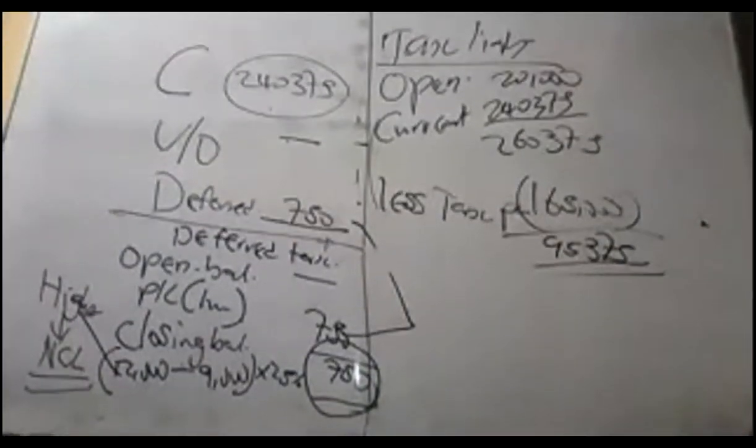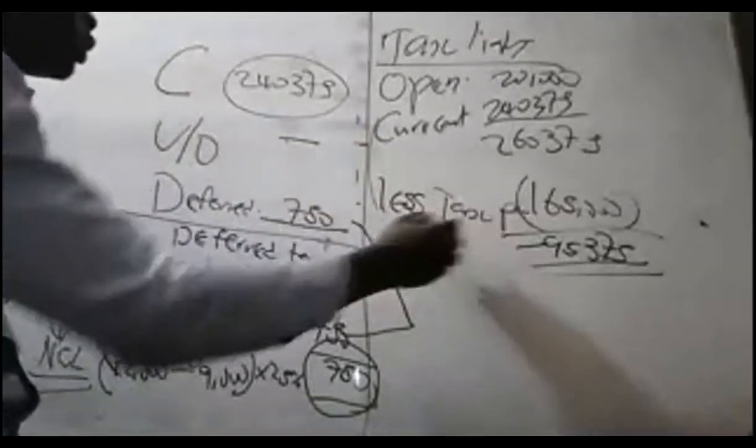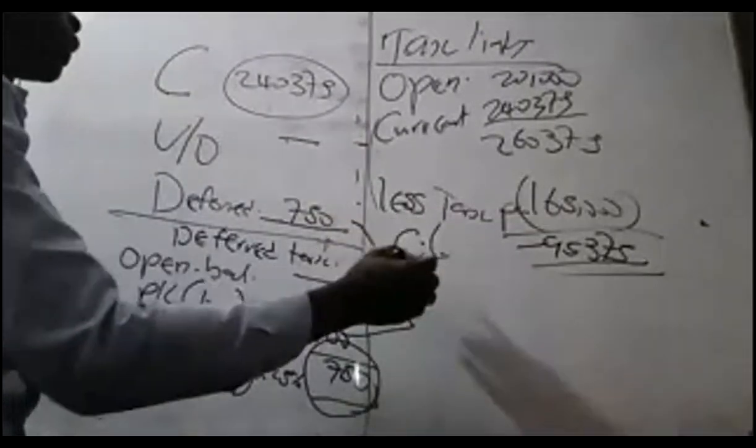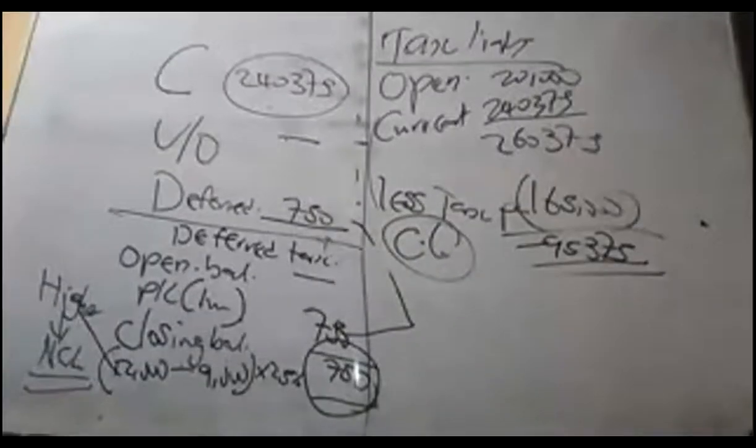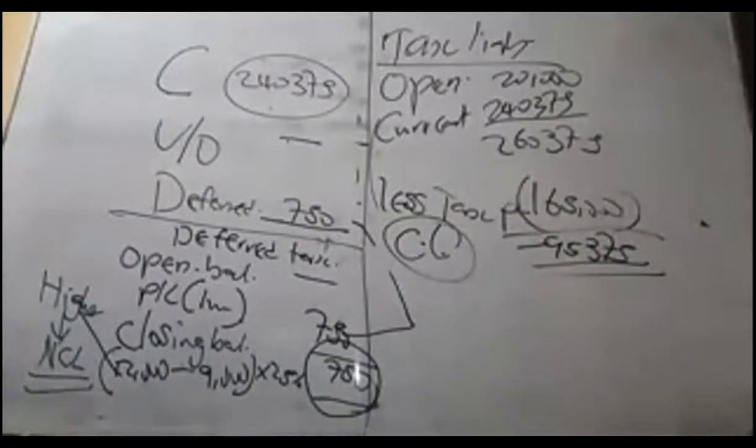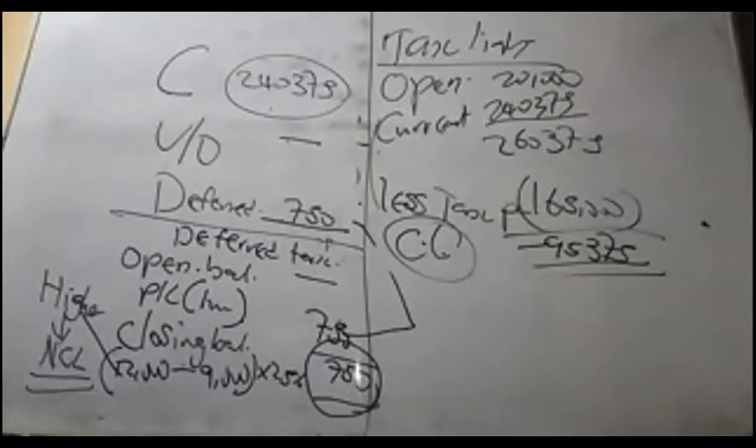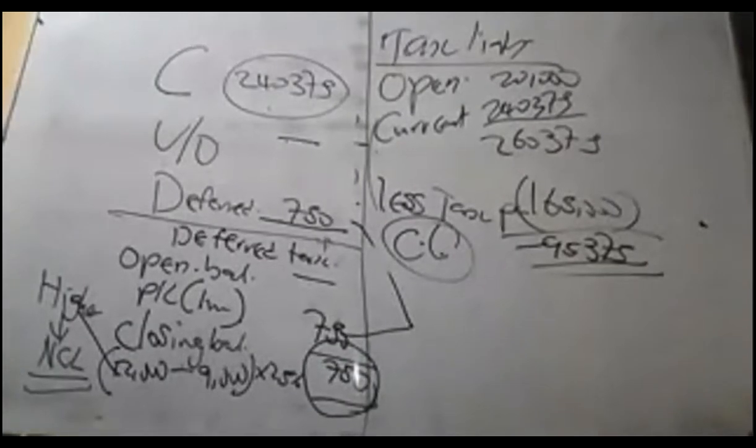This will be taken to current liability as outstanding tax balance left to be paid. So we are owing the tax authority that amount. Good. So that's the end of the game as far as taxation is concerned. So let's move on to the next note. That's how we will deal with this particular footnote.